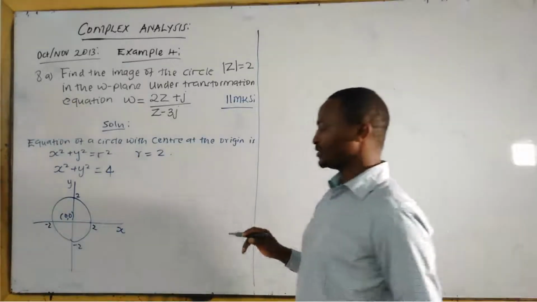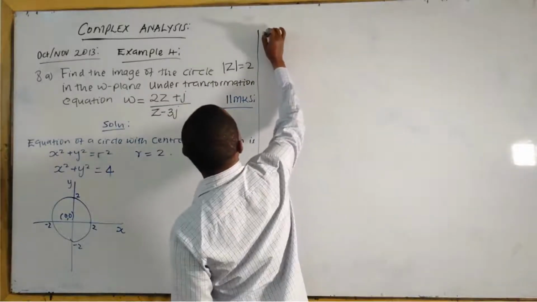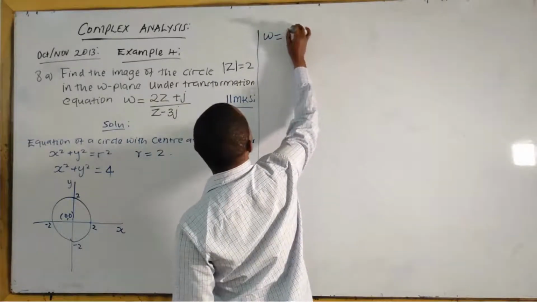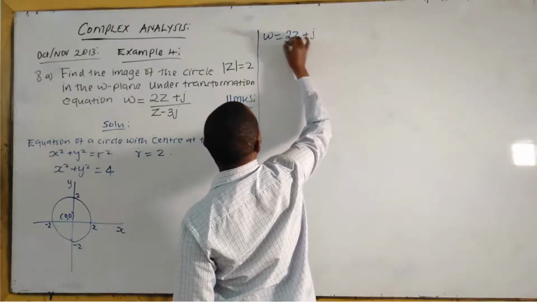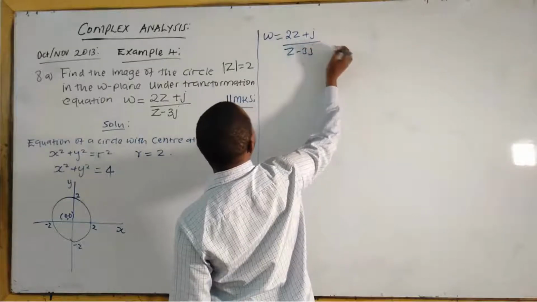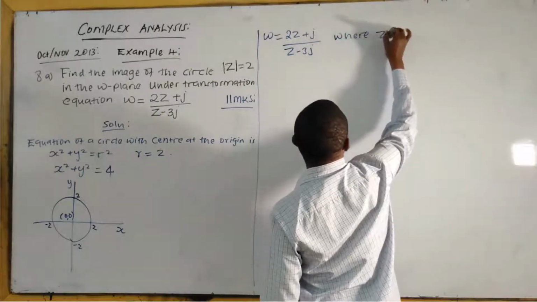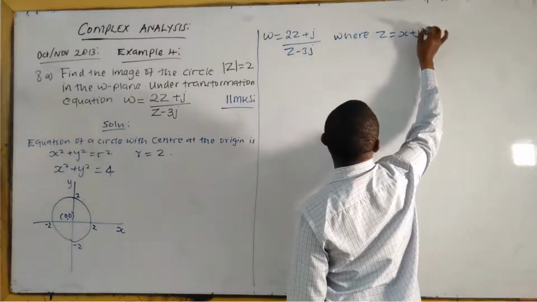We are also told that W is equal to (2z + j) over (z - 3j). You know that z is equal to x plus jy.